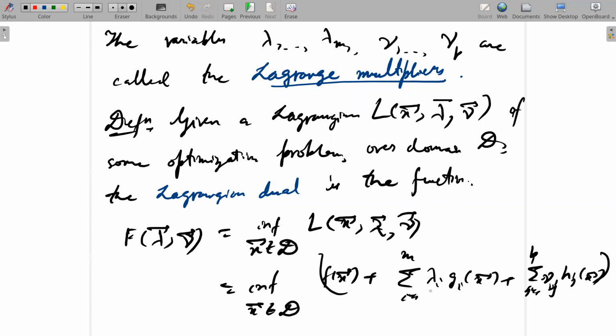Now note that as functions of lambda and nu, these are affine, and I'm taking the infimum. Affine functions are also concave. They're actually both convex and concave, but here I'm going to use the fact that they're concave. Just like the supremum of convex functions is convex, the infimum of concave functions is concave. So that means no matter what optimization problem you start with, it doesn't matter whether f naught is convex and so on, it could not even be smooth, but when you talk about this dual function, it is actually concave.